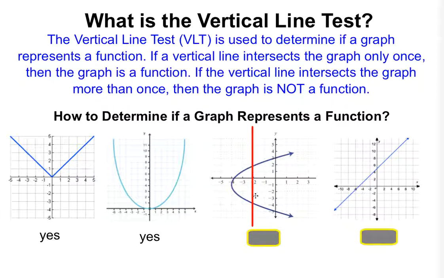Once right here, and the second time right here. So, if the vertical line intersects the graph more than once, then the graph is not a function. So therefore, this graph is not a function because the vertical line passes through the graph in more than one location. Let's go to our last graph.